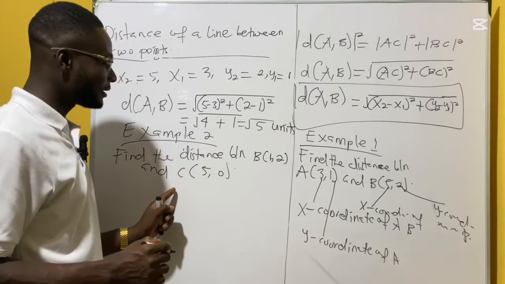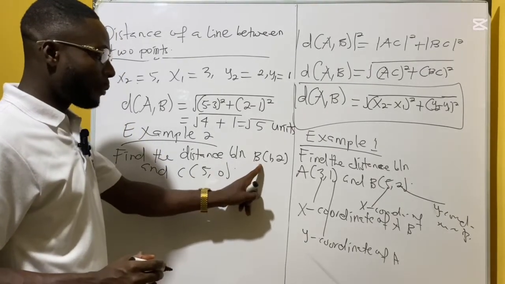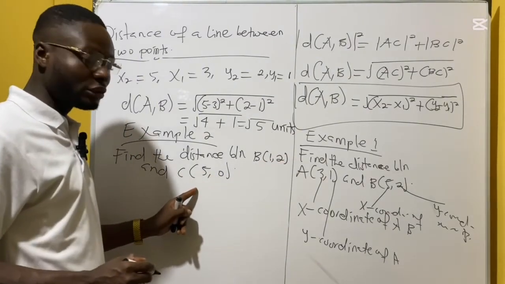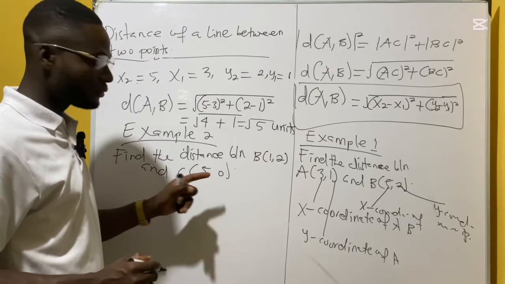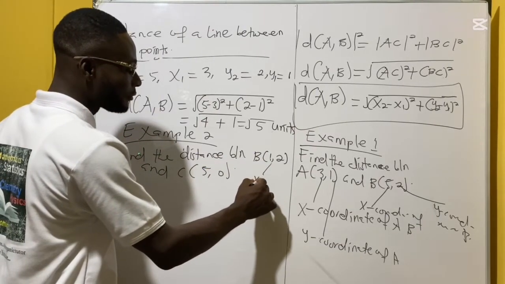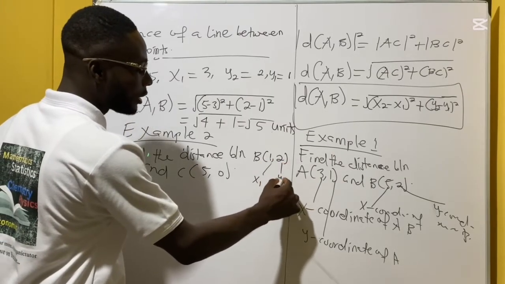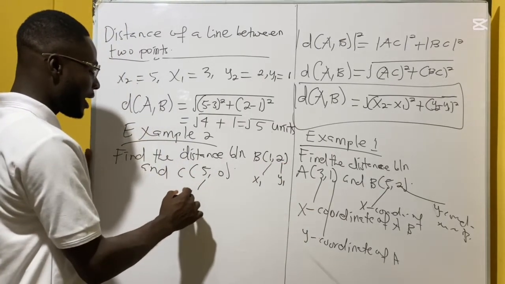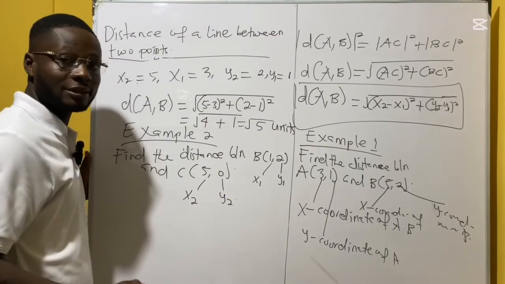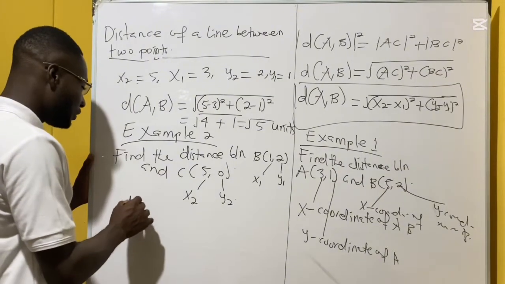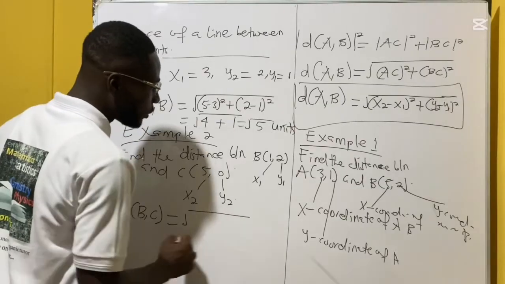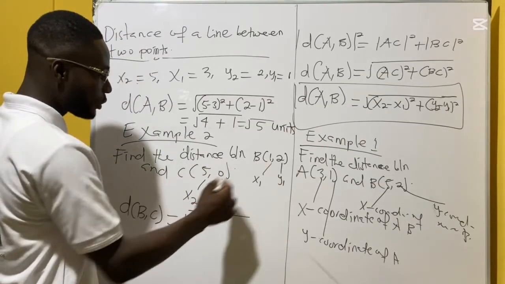So this is basically going to be this. We know that our x1 is 1, our y1 is 2, and our x2 is 5, that of y2 is 0.